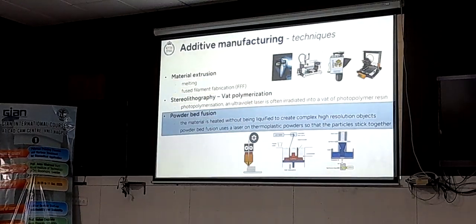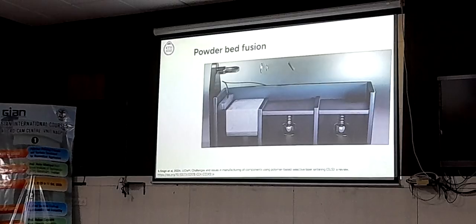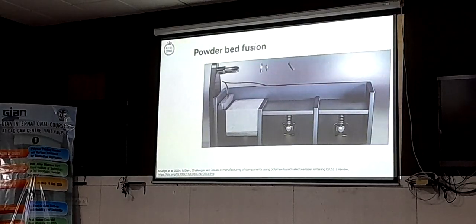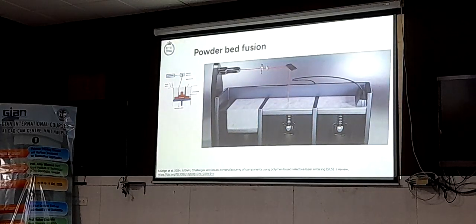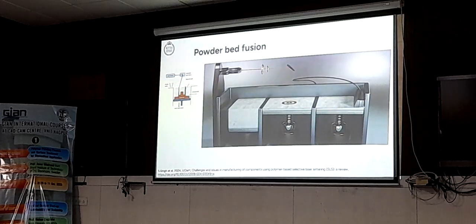Spending some time also on powder bed fusion, something that we have worked a little bit with. It looks quite similar to stereolithography, but it works differently. Here you have powder particles instead of the polymer.